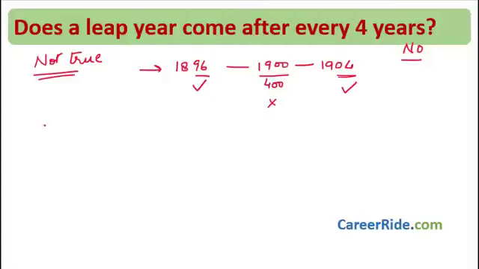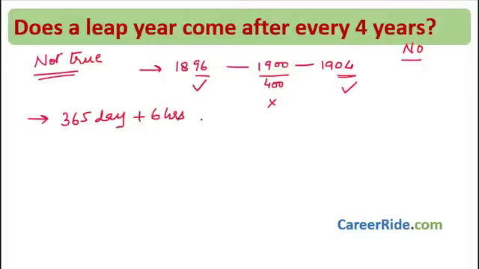Now you would be wondering, why would this happen? Till now we always learned that we have to divide by 4 and we will find the number of leap years, right? But the reason for this is, till now we believed that a year has 365 days and 6 hours, right?